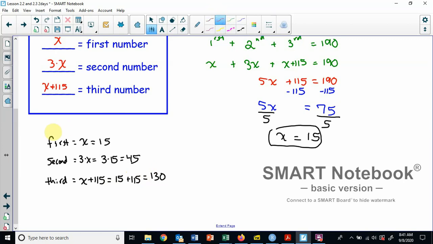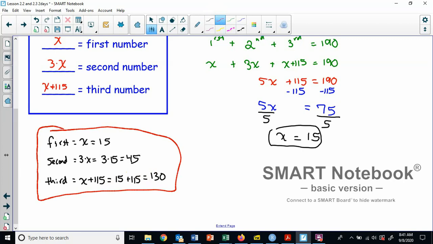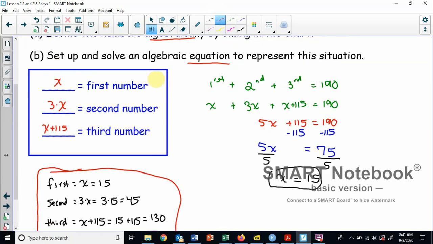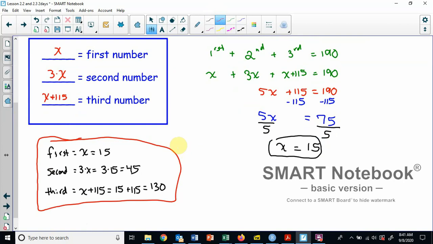So we were able to find all 3 numbers. This one's kind of like a logic puzzle a little bit, but there's a mathematical way to put all the pieces together. All right, so those are our 3 answers: 15, 45, and 130.